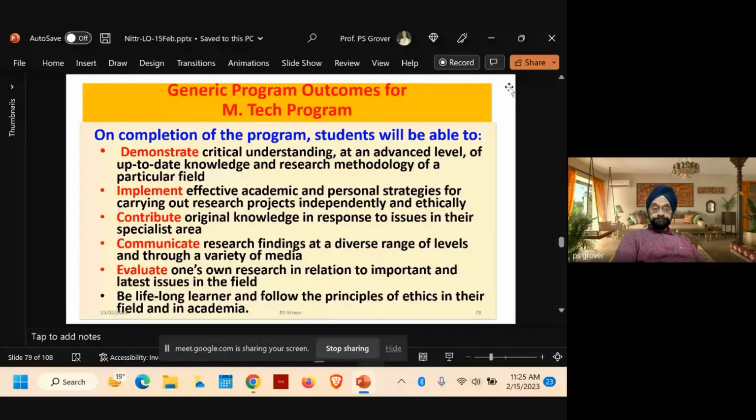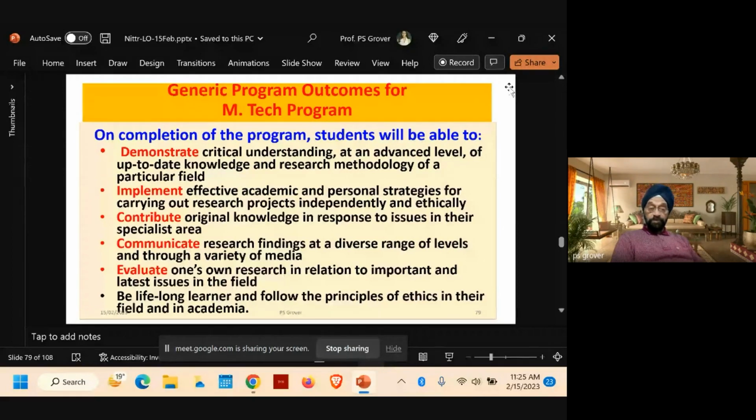Similarly, on completion of the program, students should be able to demonstrate critical understanding, implement, contribute. Now, these are the verbs which correspond to the higher Bloom levels. So, indicating that when I go to the MTech program or the PhD program, my student learning outcomes should correspond to higher levels.